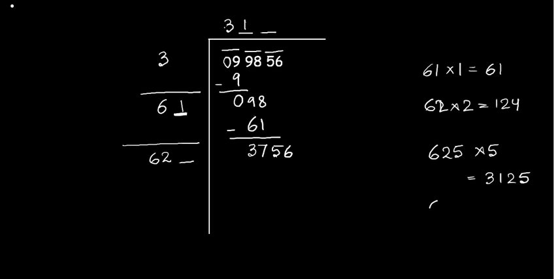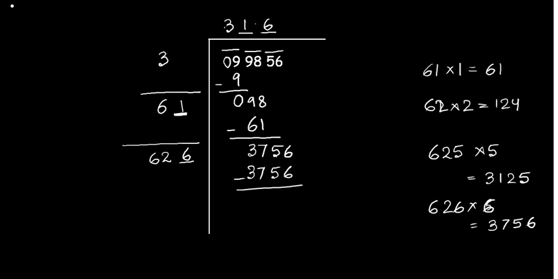Now multiplying 626 by 6, we will get 3756. So this is the suitable digit. We are going to write 6 over here and 6 over here. That will give us a product of 3756. Subtracting this, we will obtain the remainder 0.